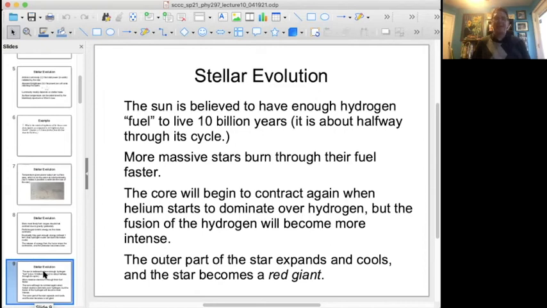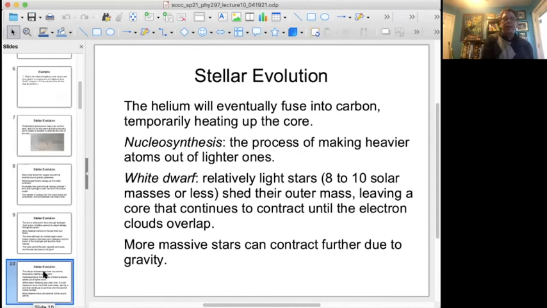If you look in the night sky and you see red stars, those are stars nearing the end of their lifespan, and so they become red giants. The helium will eventually fuse into carbon. So the hydrogen fuses into helium, and then you start getting fusion into the heavier elements. This is how the heavier elements come from dying stars. As the helium starts fusing, that heats up the core, and so you have nucleosynthesis at that point. You start making heavier and heavier atoms.